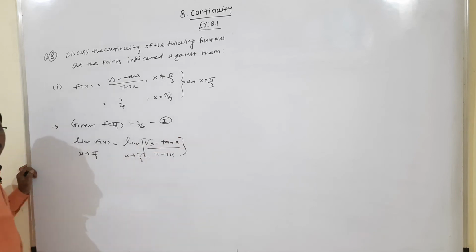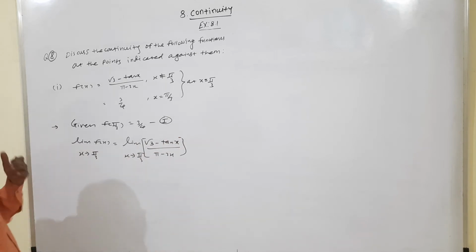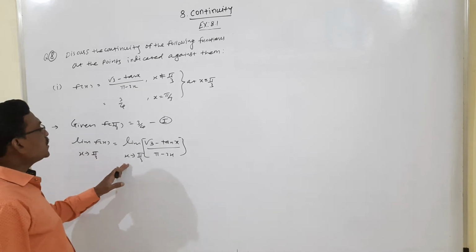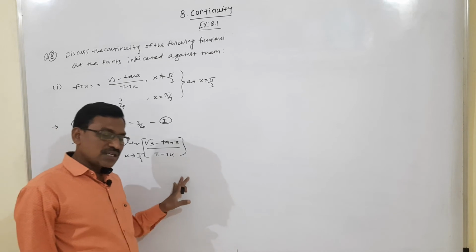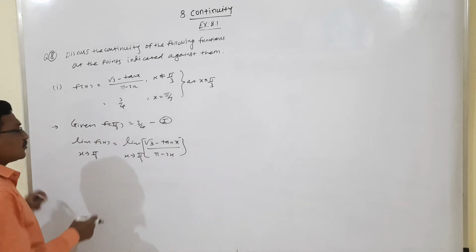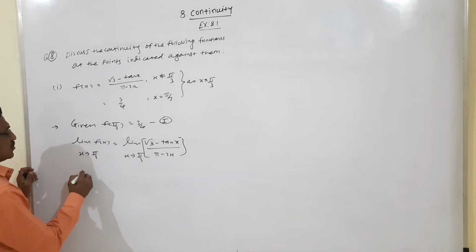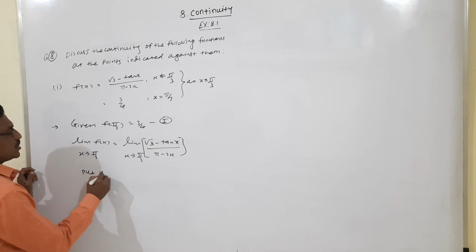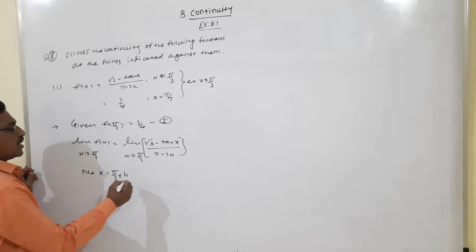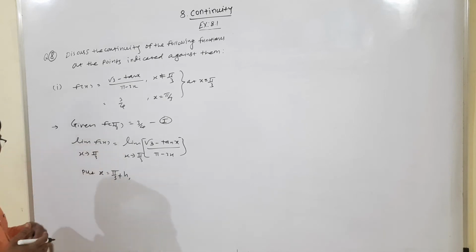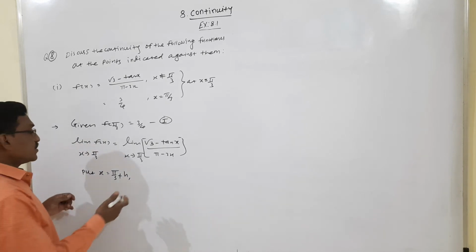Okay, now here the interval is x tends to pi by 3, so we put x equal to pi by 3 plus h. Whenever we put this, the interval changes.